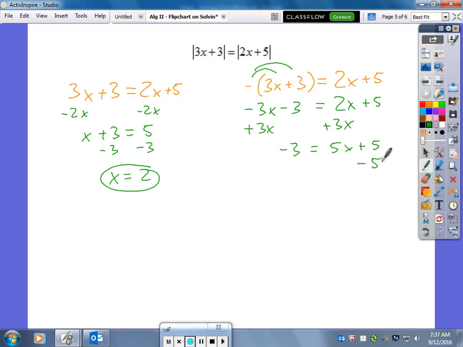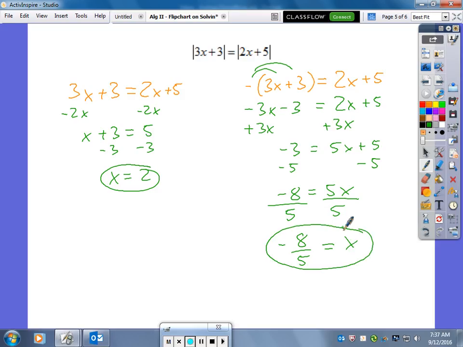Subtract 5. Negative 8 is equal to 5x. And then we divide by 5. In other words, negative 8 over 5 is equal to x. Those are our 2 solutions.